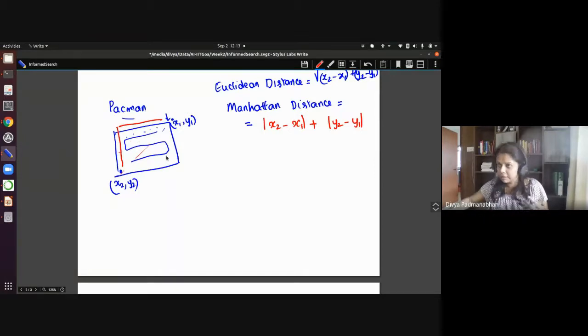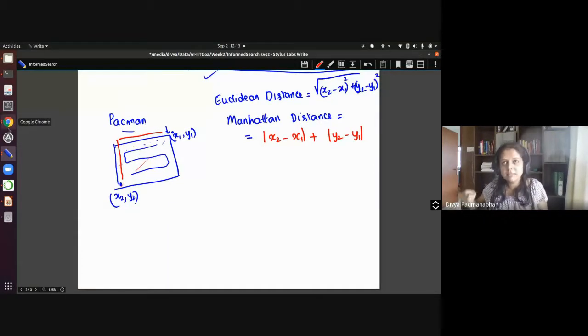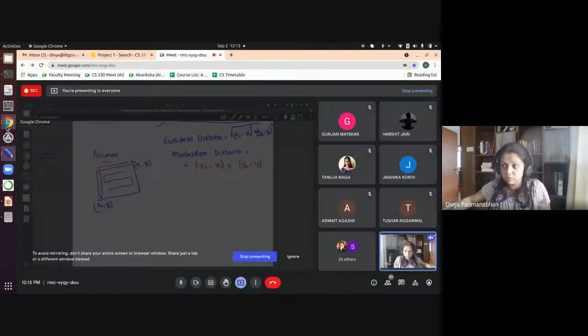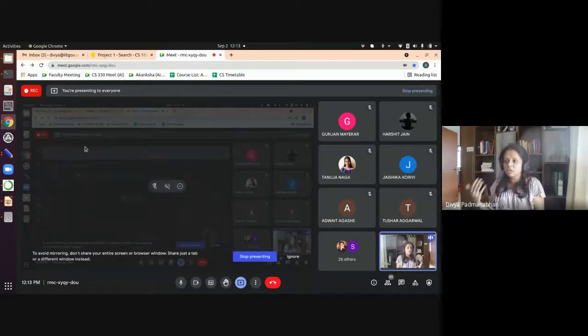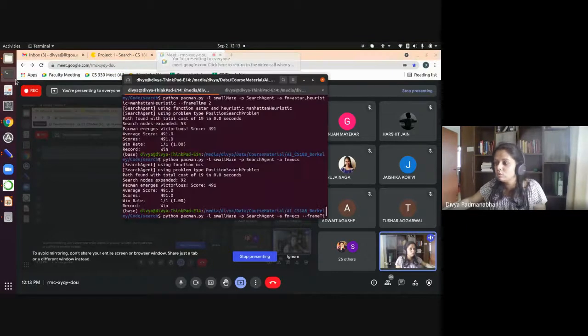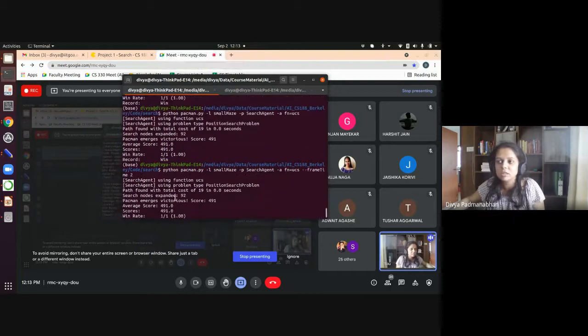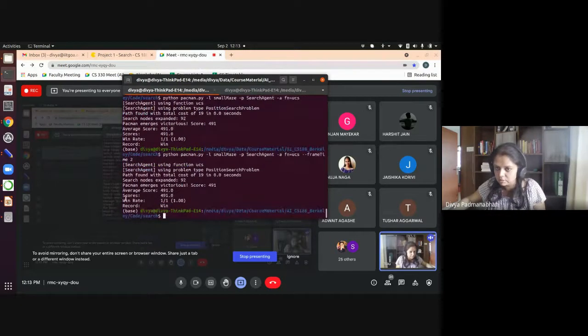In fact, we will also be looking at what things you need to consider. There are some mathematical properties that these heuristics will need to satisfy in order to ensure that A star is good. For example, I showed you, initially I gave a wrong heuristic, and A star didn't have much advantage from it. So that's a very important thing.